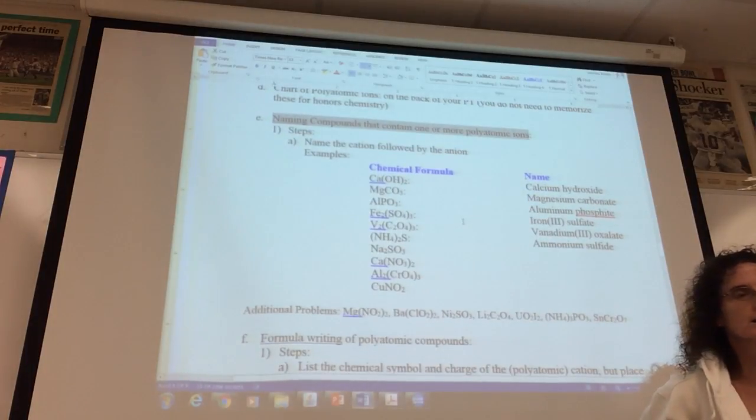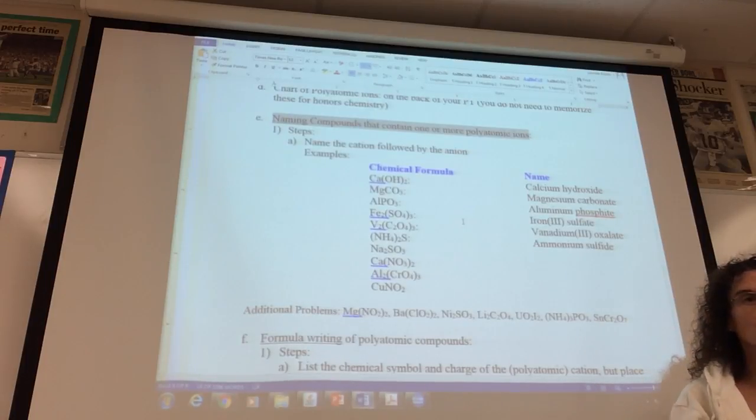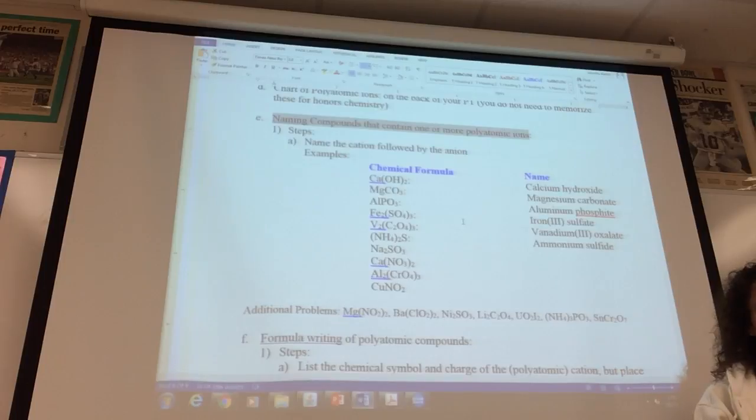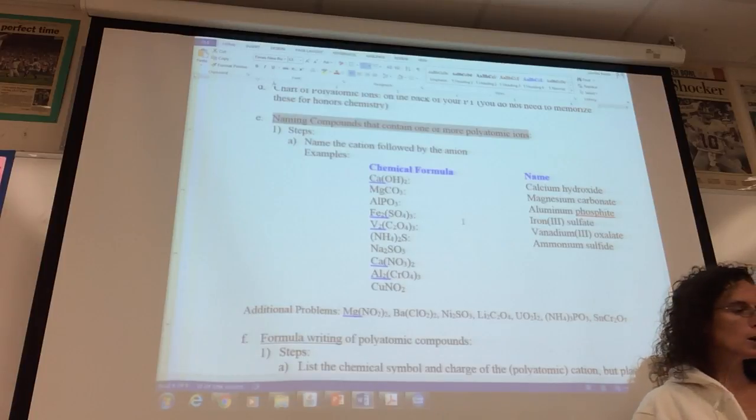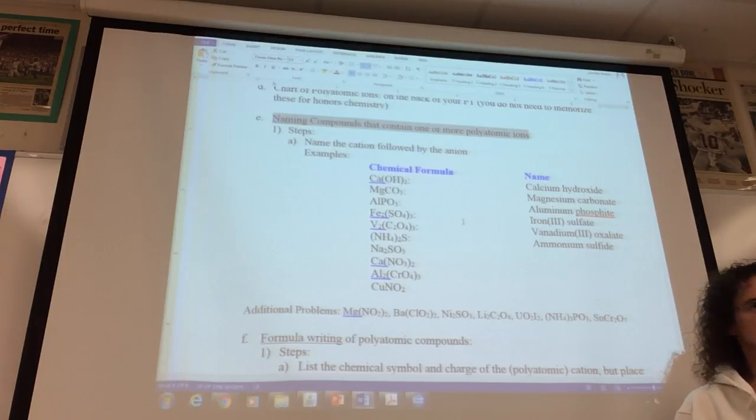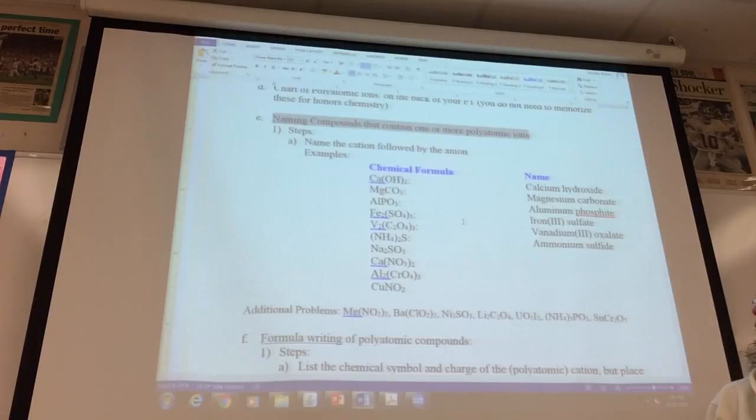Now you're not going to have binary anymore. You're not only going to be working off the front part of the periodic table. This looks hard, but it's easier than anything we've done because you already have the background.